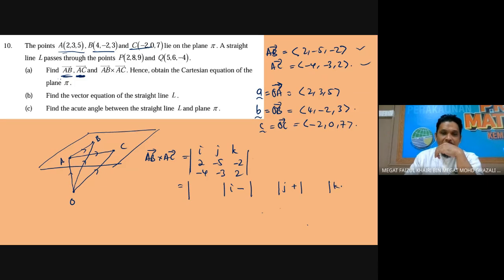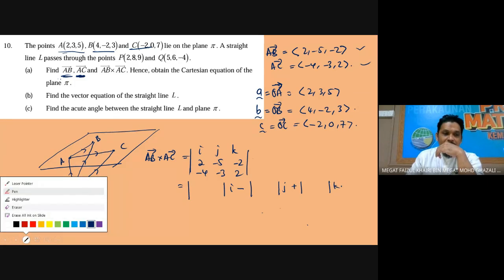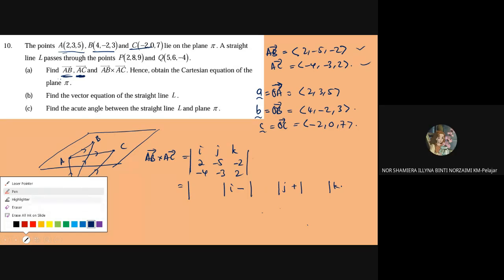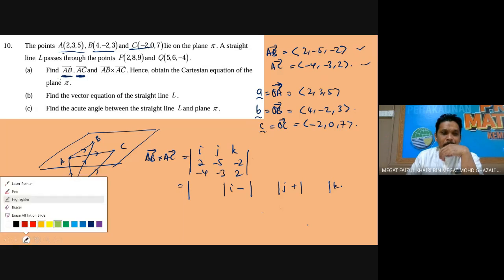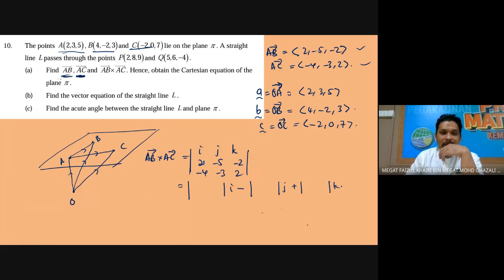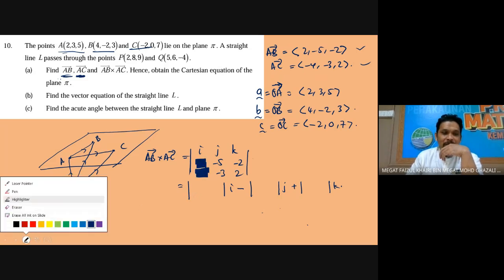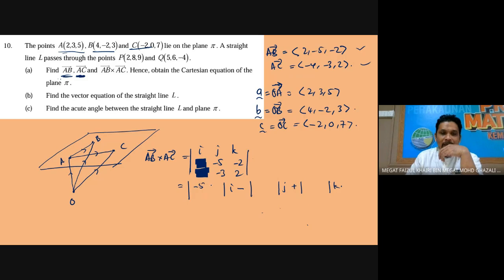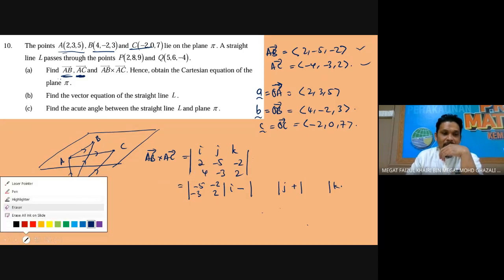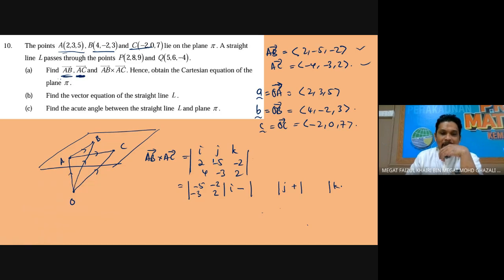Determinant of k. So you want me to show the steps one by one? Yes, sir. All right. So for the first one, we hide the elements in the row and column of i. What you see here now is -5, -2, -3, and 2. Then for the determinant of j, we hide the elements of j.